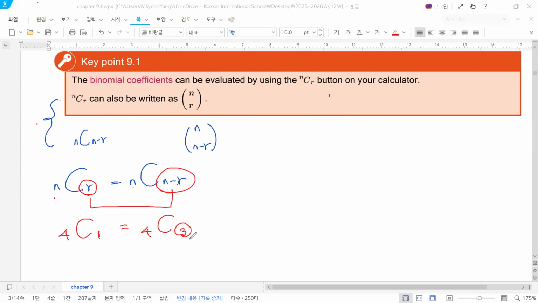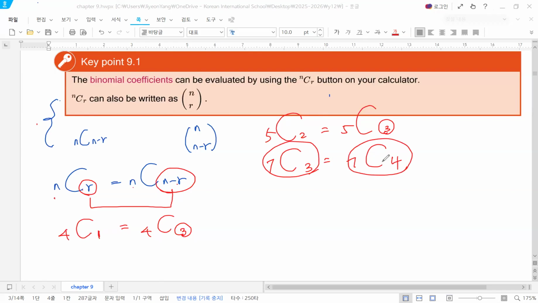Very good, Hayden. Thank you. 5C2. What's this number here? 3. Do you understand? 7C3 is equal to 7C4. By using your calculator, please find these two values and check whether they are really the same or not.